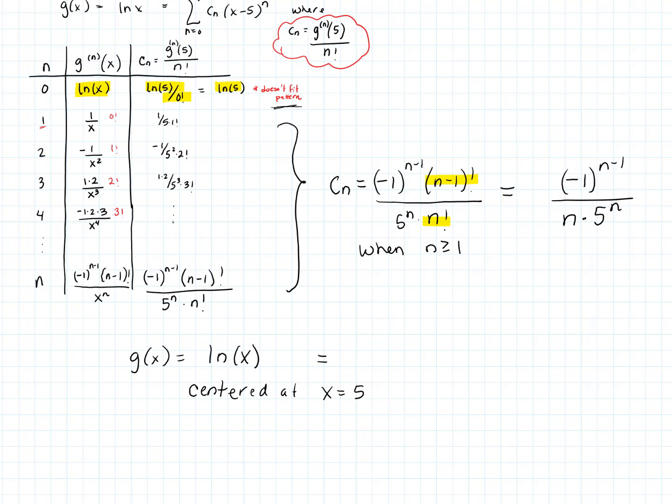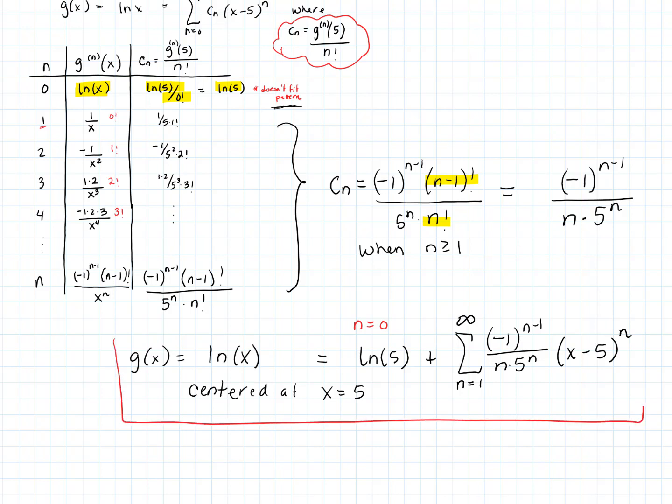When n equals 0, we are not able to write that in the same pattern. So when n equals 0, the first term is actually just going to be natural log of 5 times x to the 0, which is 1, plus the power series where we just generated the coefficients from n equals 1 to infinity of (-1)^(n-1) over n times 5^n times (x-5)^n. And that is our power series representation.